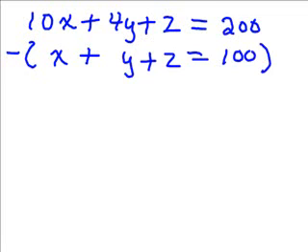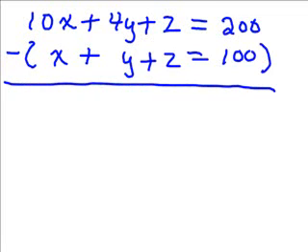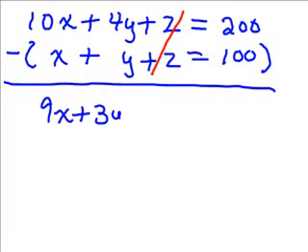I am going to subtract every single term. The reason I want to do this is that I'm going to be knocking out these z's, because z minus z is going to be 0z. When I do this, I end up with 9x plus 3y equal to 100.